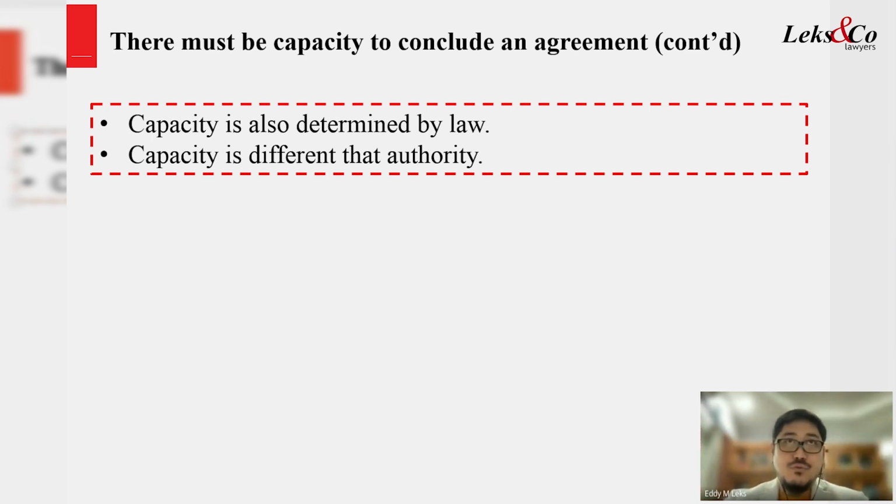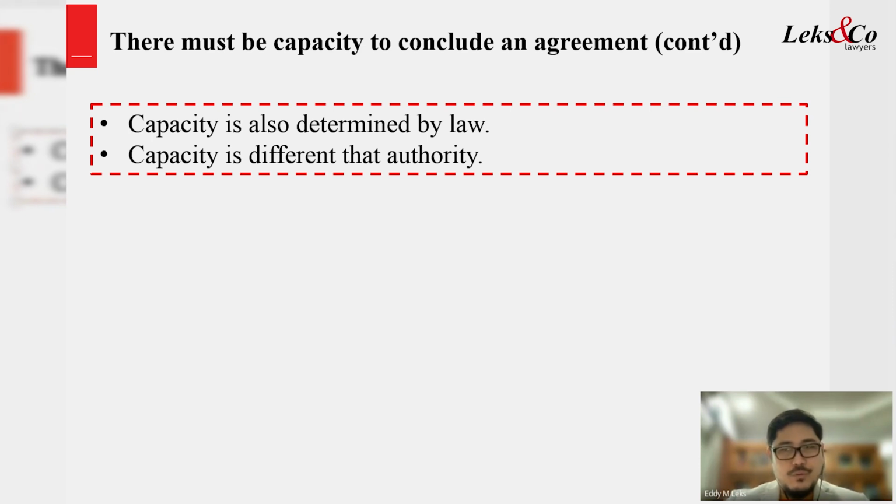But we have to make sure whether you are allowed to represent the company. So that's about authority. So this is talking about whether you are doing something within your authority or you are doing something outside your authority.